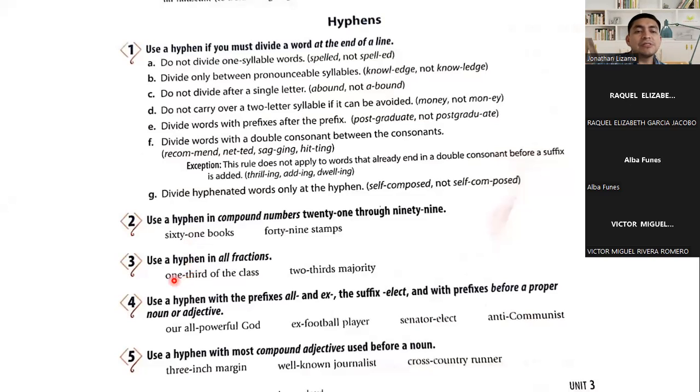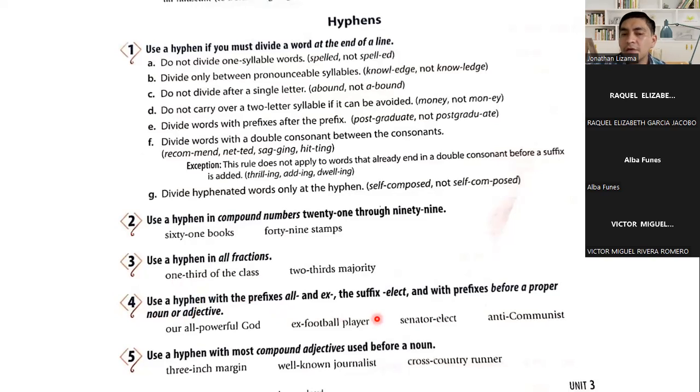Then you have this one. Use a hyphen in all fractions. 1/3, 2/3, majority of the class, fractions. Use a hyphen with the prefixes all, ex, the suffix elect, and with prefixes before a proper noun or an adjective. Our all-powerful God, ex-football player, senator-elect, anti-communist.